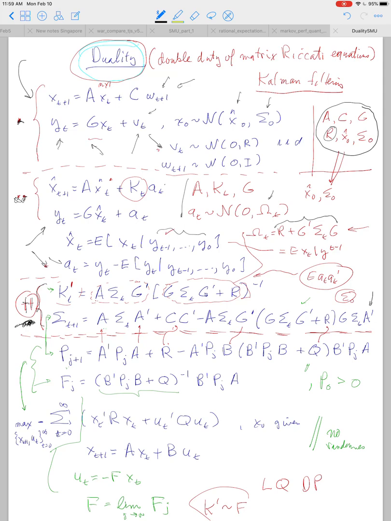Now we'll pause here and ask, does this remind us of anything in some loose sense? The Kalman filter was a system that allows us to form estimates of a hidden Markov state recursively as more and more data come in.